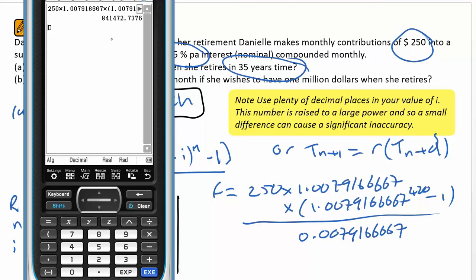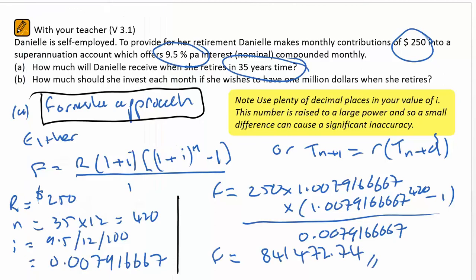And you can see I end up with $841,472.74.